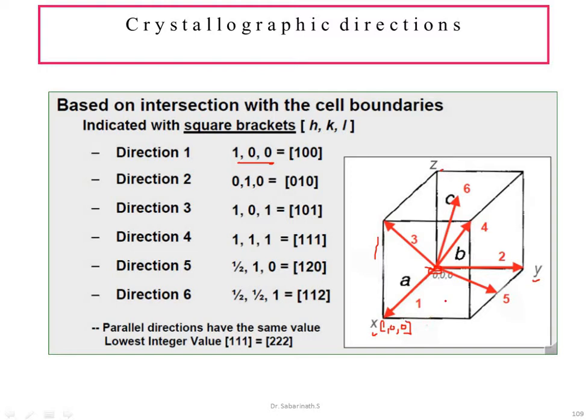Now let us move to the other point. This is direction 2, and here you can see that the direction is 0 1 0. That means in the x-axis it is 0, 1 for the y-axis, and 0 again for the z-axis. Let's see this part once again.